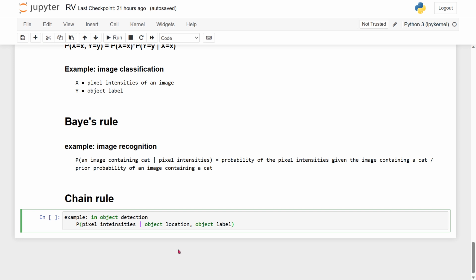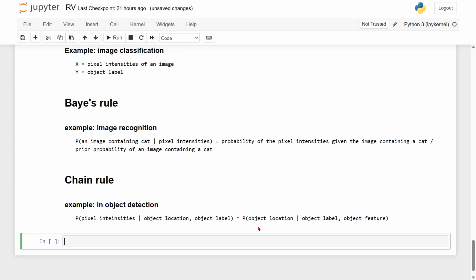The chain rule can be used to compute the joint probability of the pixel intensities, object location, and object label by multiplying the probabilities of the pixel intensity given the object location and label, and the object location given the object label and another object feature.